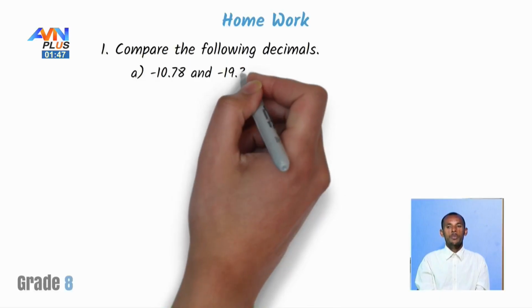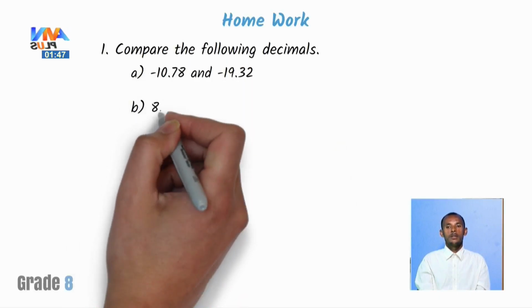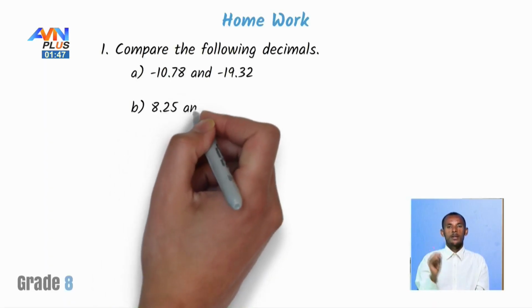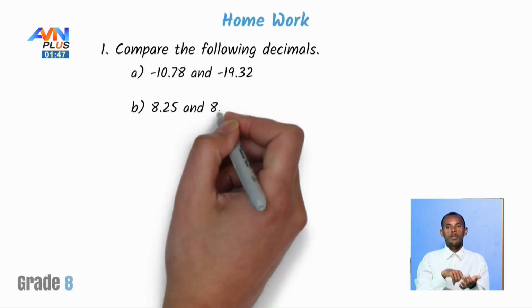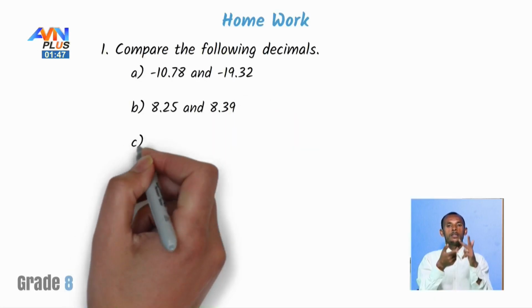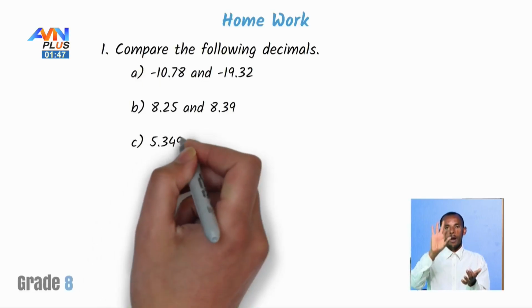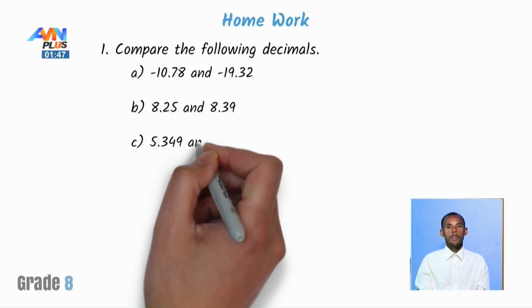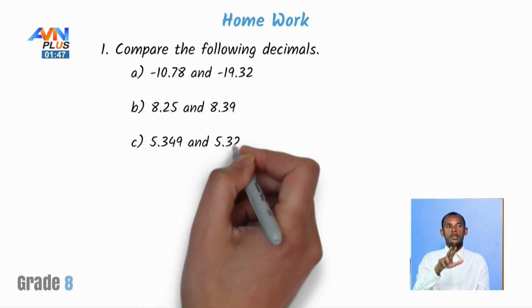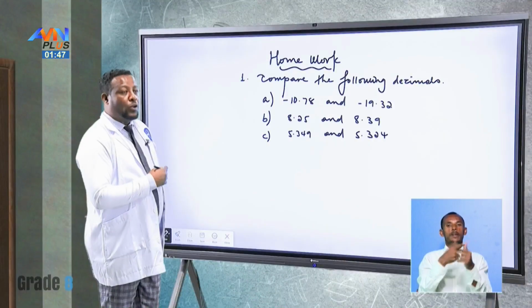The second one in comparison of decimals is 8.25 and 8.39. The third one is 5.349 and 5.324. This is the first question for your homework.